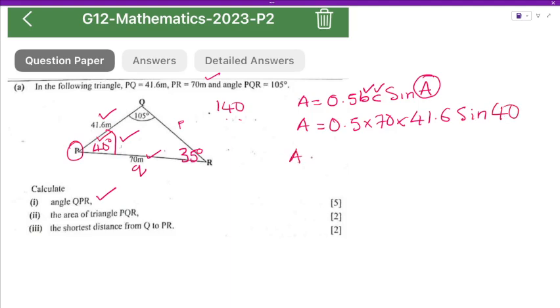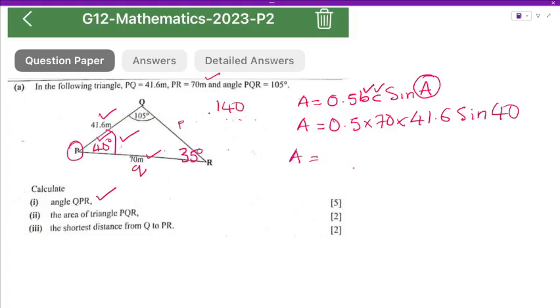So area will therefore be equal to, you punch now, you're going to say 0.5 times 70 times 41.6 times sine 40. You confirm whether what you have punched is correct. Let's see.